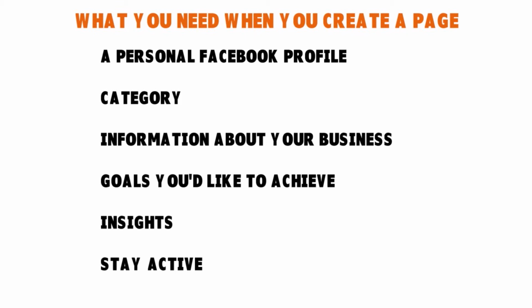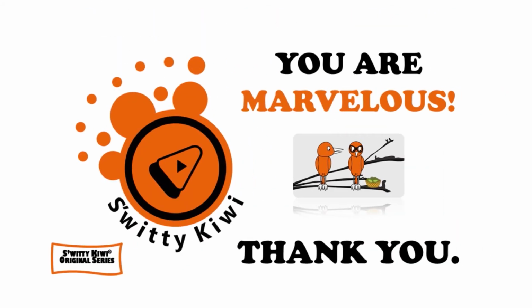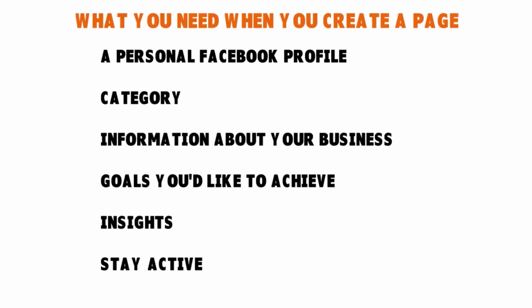You need to have a category, so you need to select a category for your page. The category you choose will provide unique features for your business and information about your business. If you want to get the most out of your page, you want to add details about your company or organization: address, areas serviced, email, phone number, website, hours, story, images, and more.